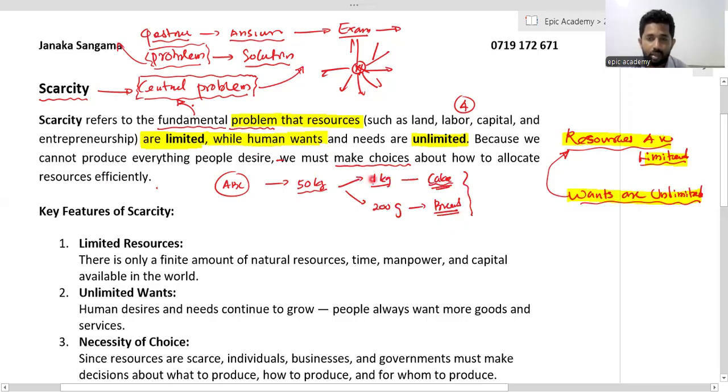If you are going to produce only cake, you can only produce 50 cakes, isn't it?